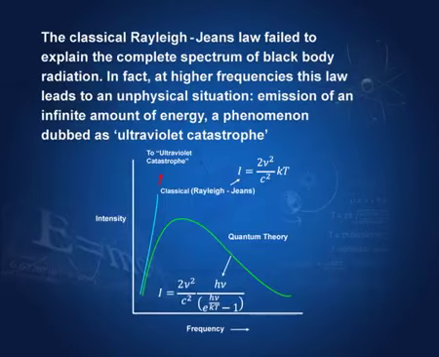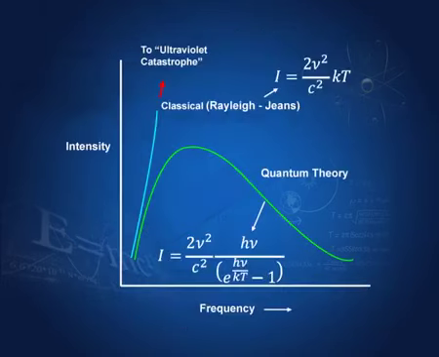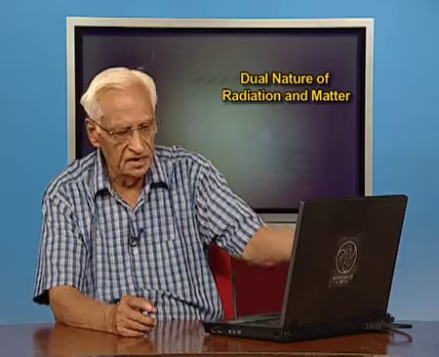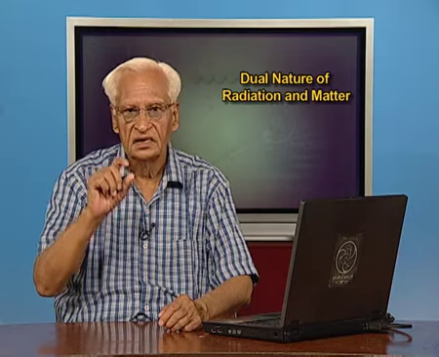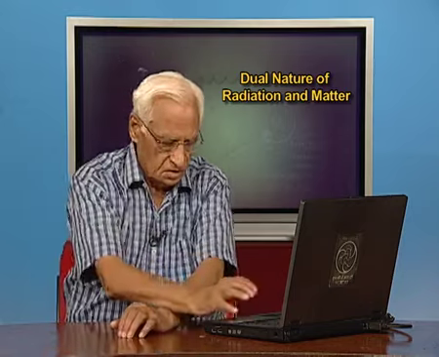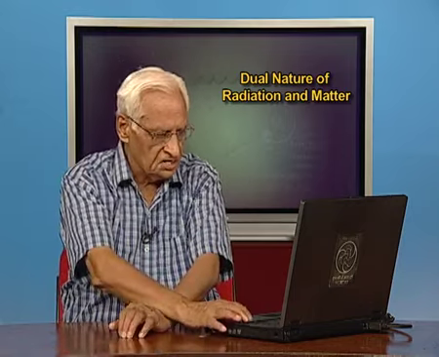This I have explained many times, so I will just skip it, except to say that this played an important role in the revolution through which science went at that time. You know, this is black body radiation, this is the classical explanation, Rayleigh-Jeans law. This could not explain this phenomenon, and then Planck postulated that the electromagnetic energy exists in the form of quanta, each of energy h nu.